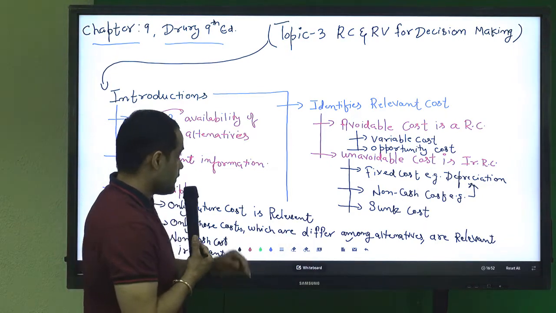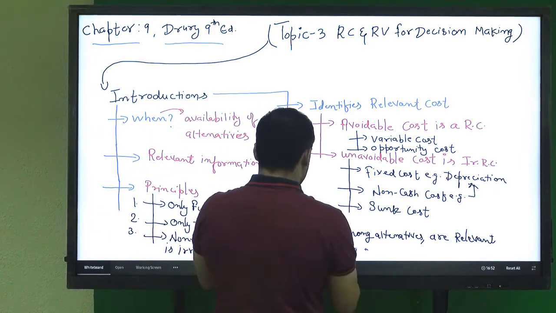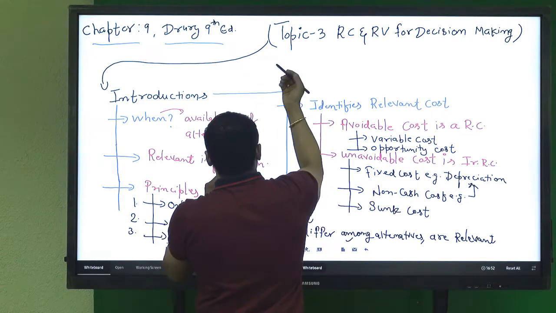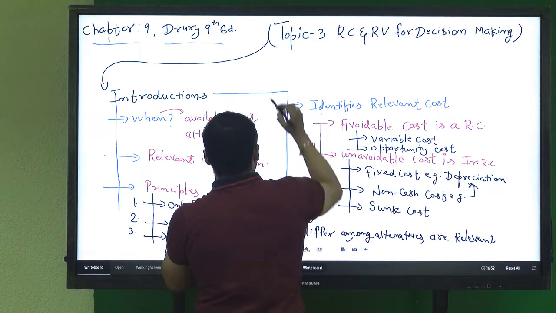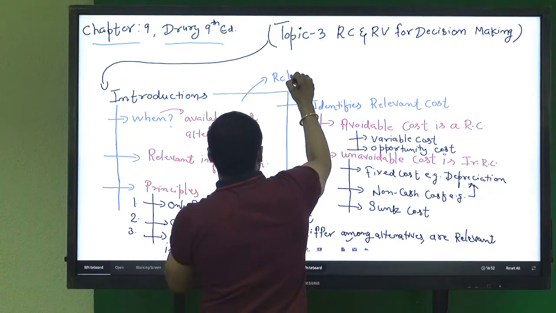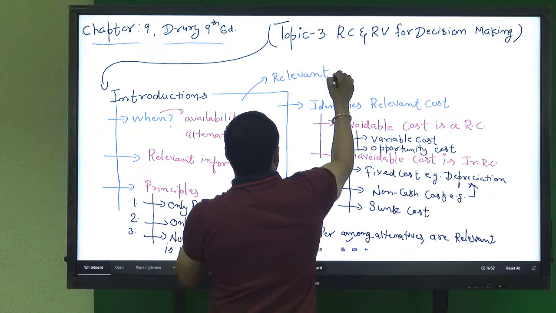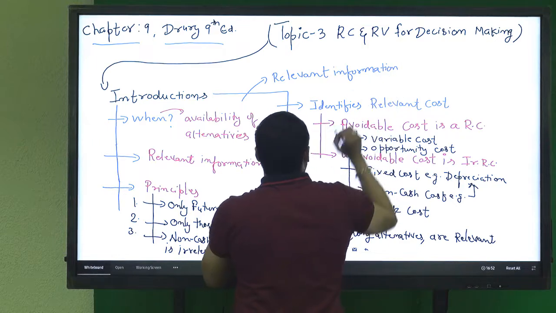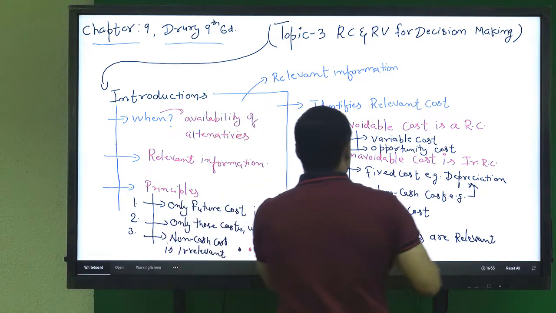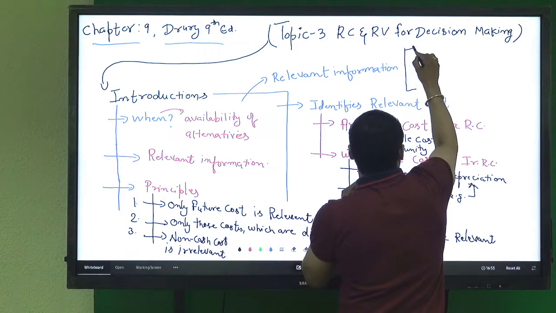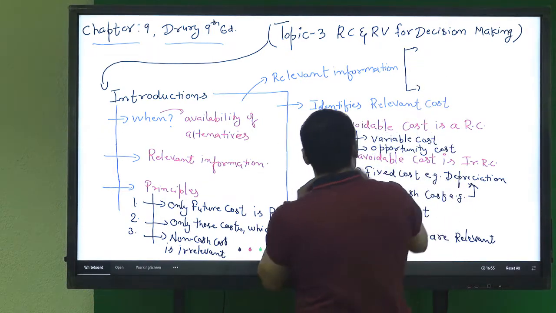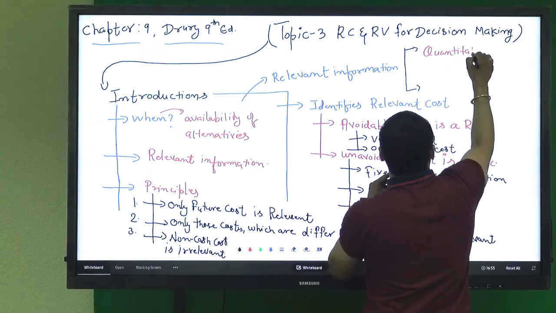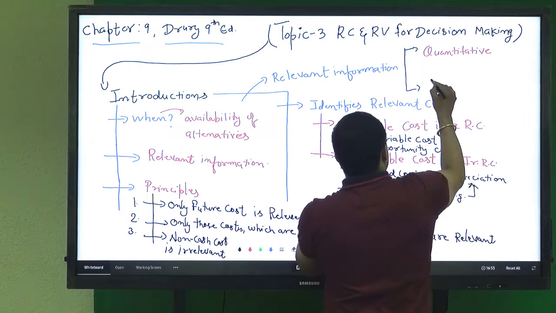Now we move on to the next point, which is relevant information. So there are two kinds of relevant information we have. First one is quantitative. And second one is qualitative.